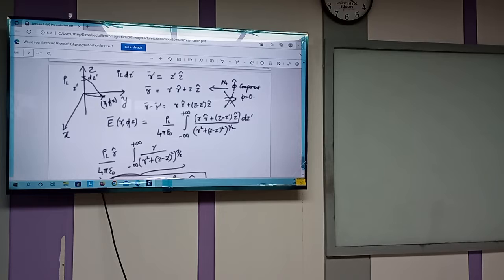If I can show you the electric field equation which we have used before, it will be much easier. Let me find it out, okay?